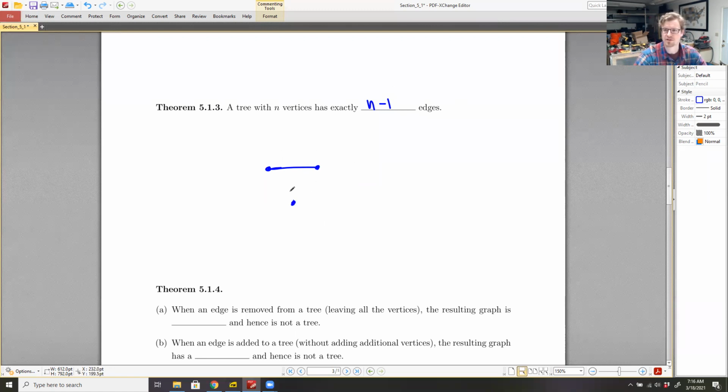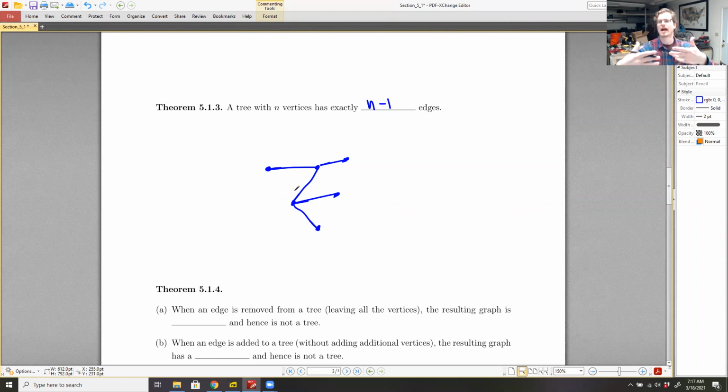I can't add both of these edges, that would create a cycle. So I add an edge and say, hey, look, I have 3 vertices and 3 minus 1 is 2. 2 edges, excellent.